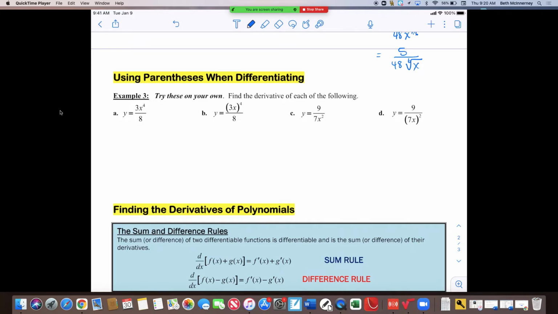Is that what you do? Yeah, 3 to the 4. So it doesn't make minus 1/8. 1/8 times. What was that? 3 times.